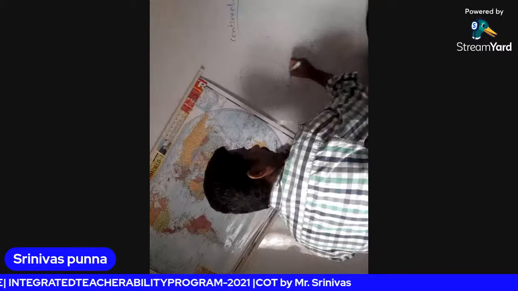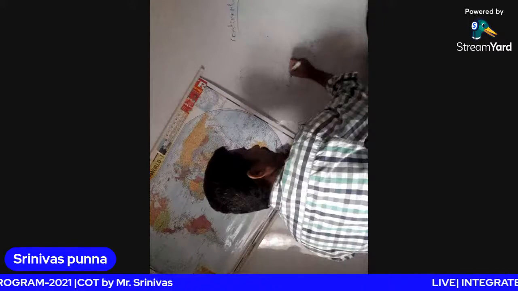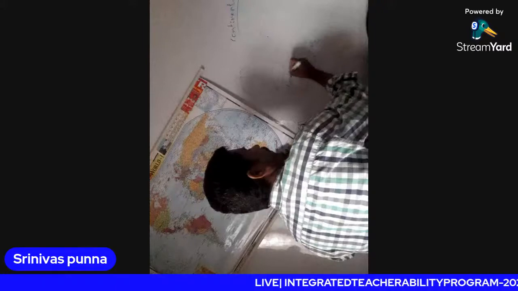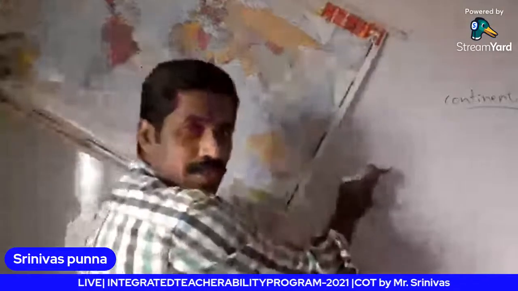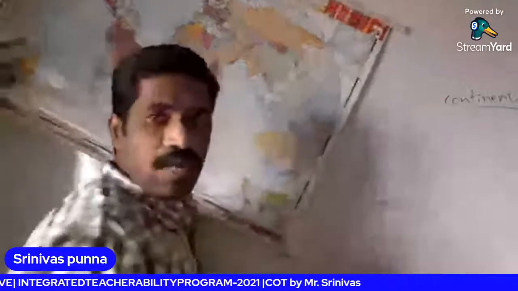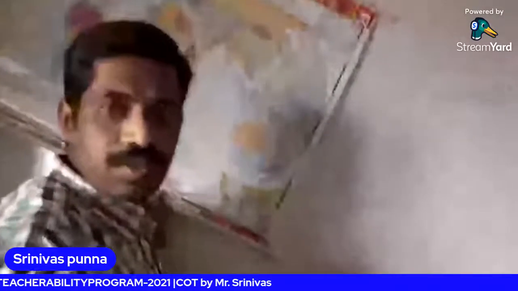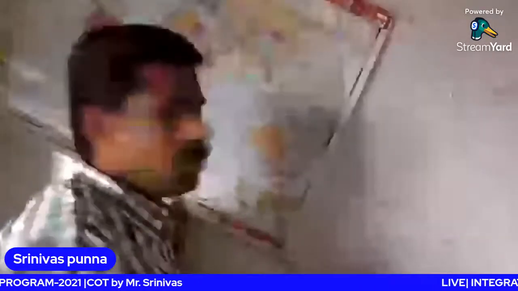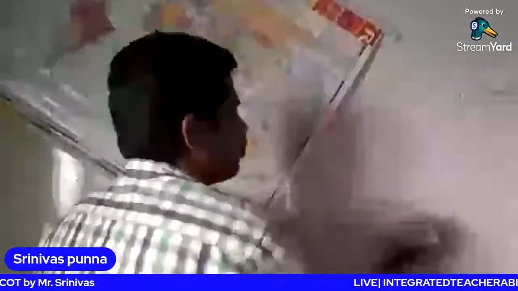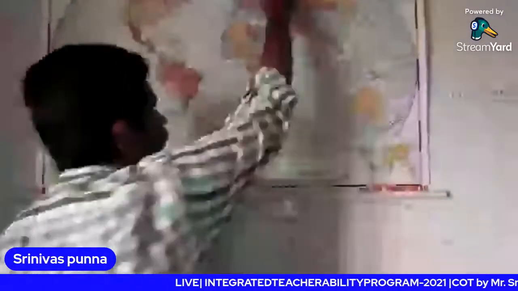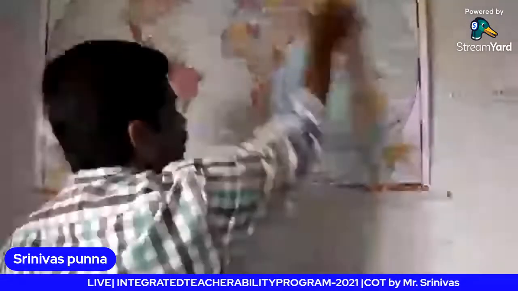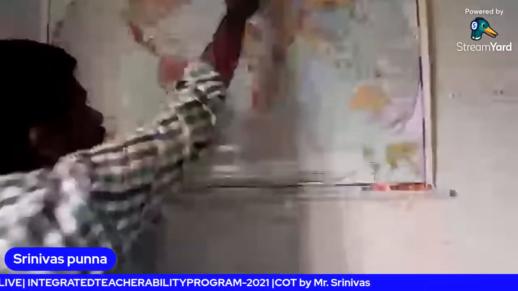Whatever lines are vertical on the map, these are the longitudes.